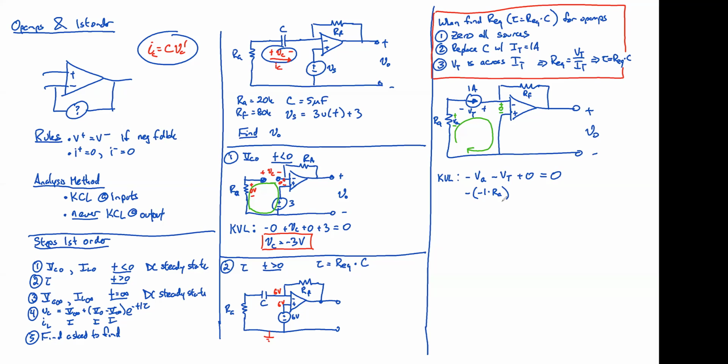Does everyone see why VA is equal to minus 1 times RA? Does anyone want a better explanation about why VA is equal to minus 1 amp times RA?